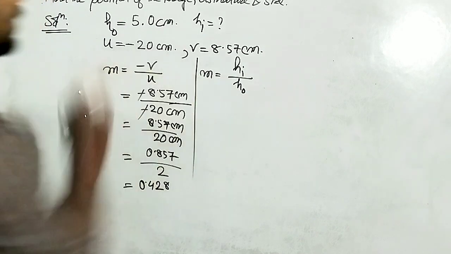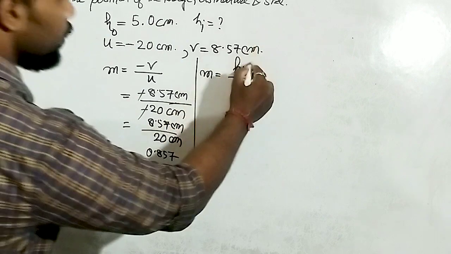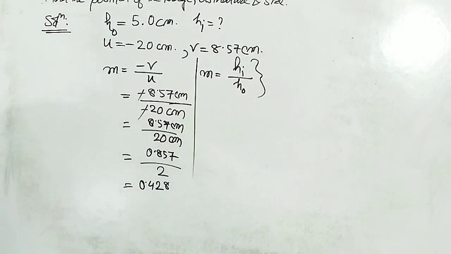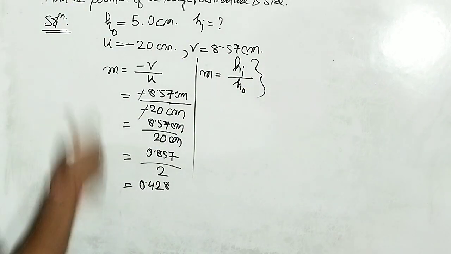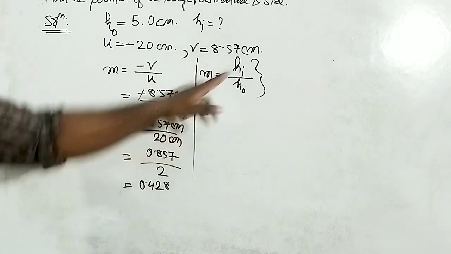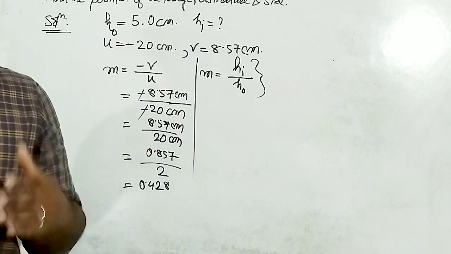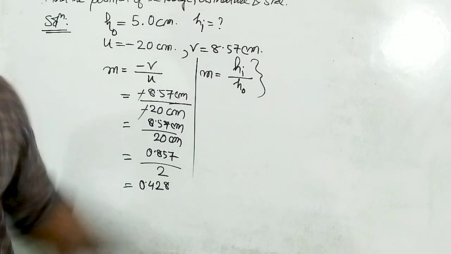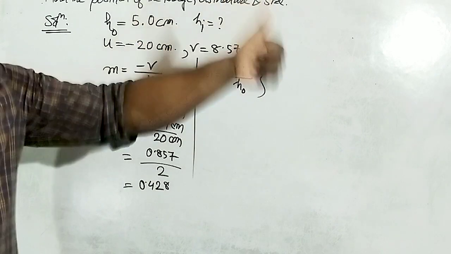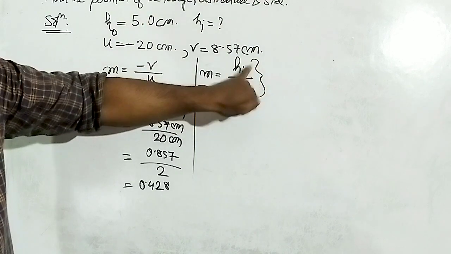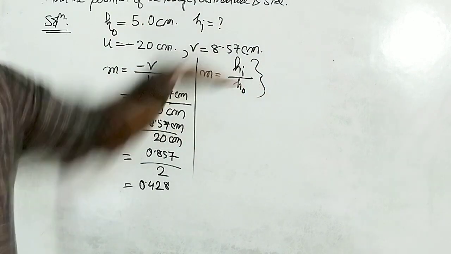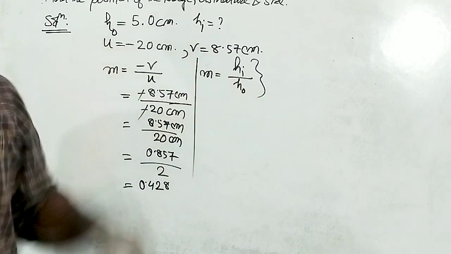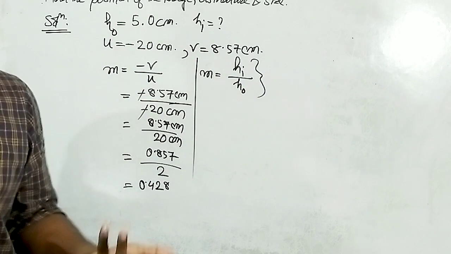This magnification will be positive when both quantities are positive, right? When the image height and object height have the same sign, obviously in virtual cases, because once the image forms in the upright or upward direction from the principal axis, it will be positive. Again, the object is always in the upward direction of the principal axis, so this is also positive. That means both are positive, right?